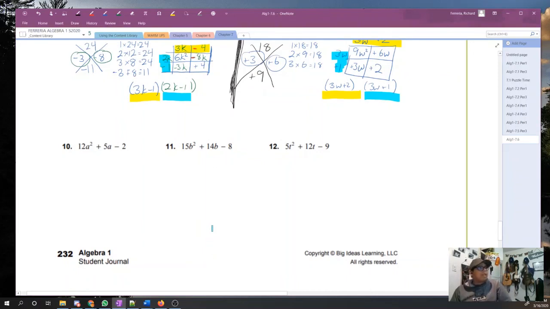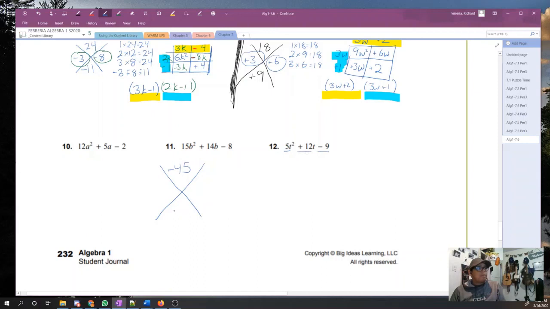Let's see. How about we do number 12, the hardest one. I can't do air quotes. The hardest one. Okay. All right. Starting with my x. 5 times negative 9 is negative 45.